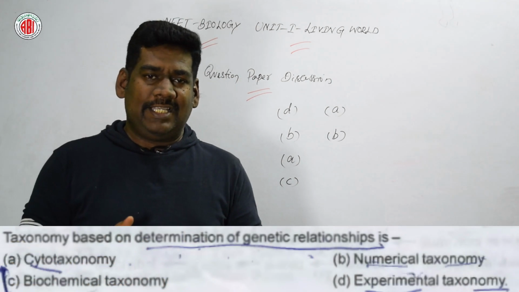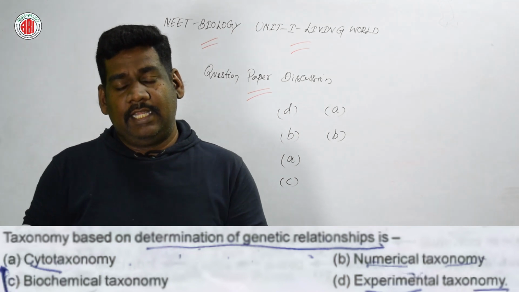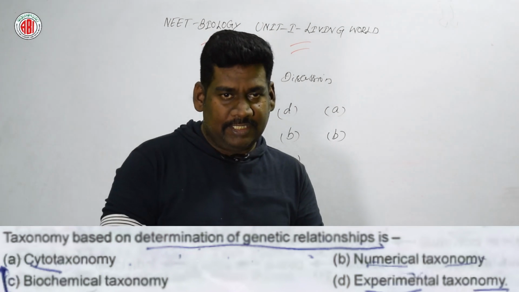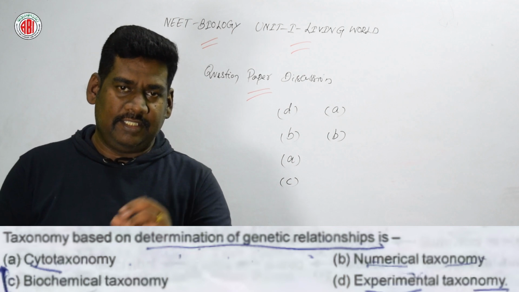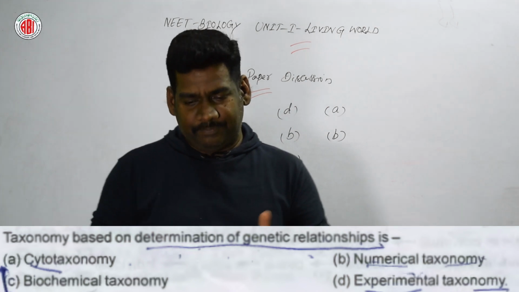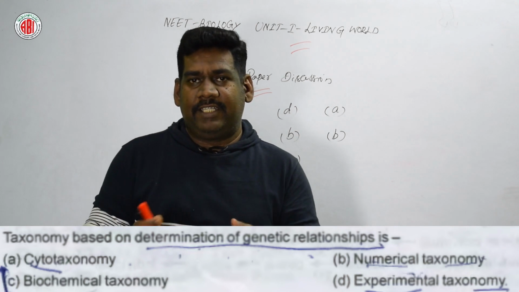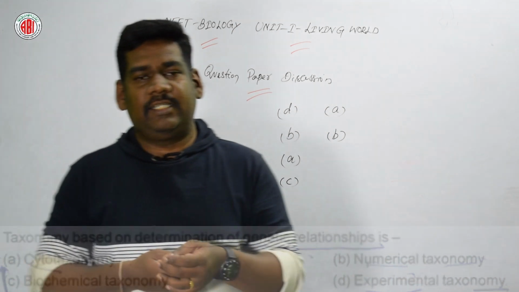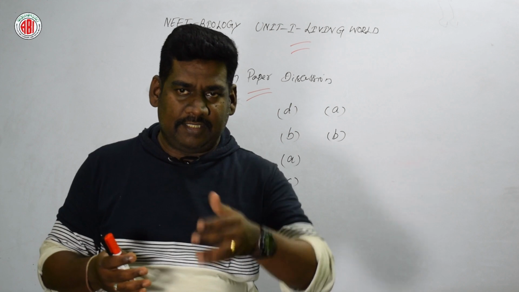The taxonomy which is based on the determination of genetic relationship is, here are four different options given: cytotaxonomy, that deals with the structure and nature of the cell; biochemical taxonomy, related with biochemical activities of the living organism; experimental taxonomy, based on the observations conducted by experiments; and numerical taxonomy, which deals with the genetic relationship, the genetic hierarchy of a particular species.